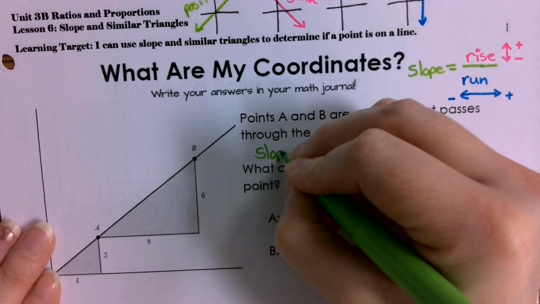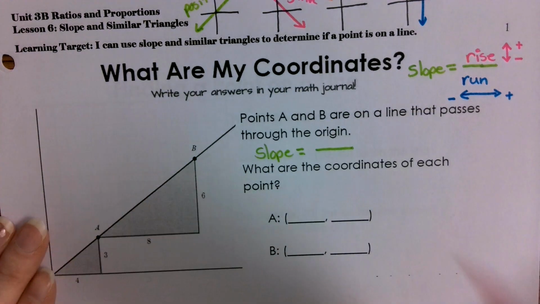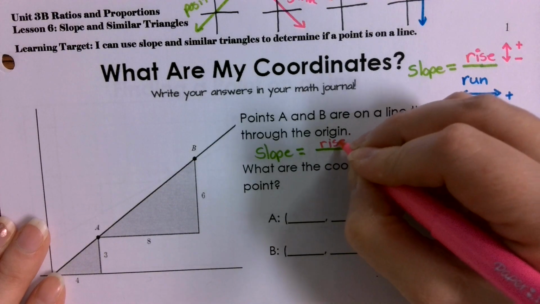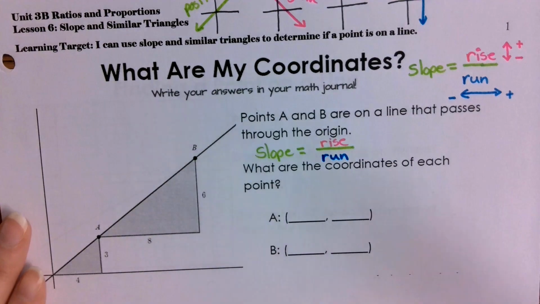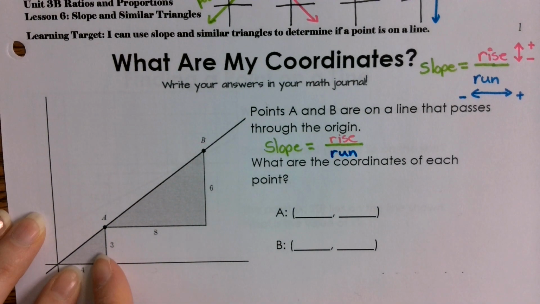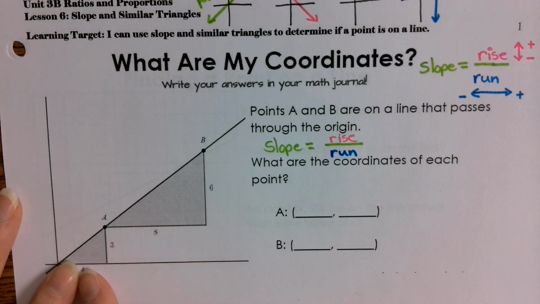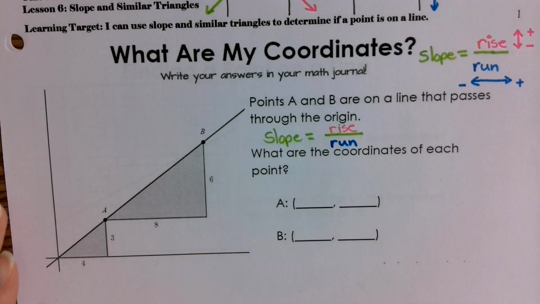Like I said before, our slope can be found by taking the rise over the run. Your rise is the value that moves up and down. Your run is the value that's moving left and right. Based off of these 2 triangles that they've created here, we happen to have 2 values for our rise and 2 values for our run.